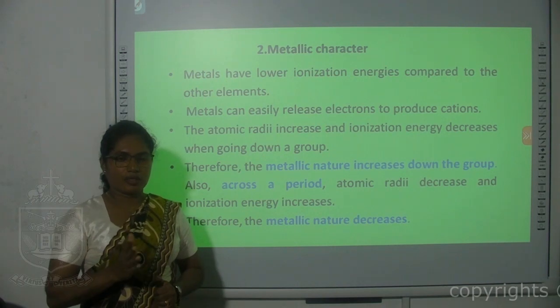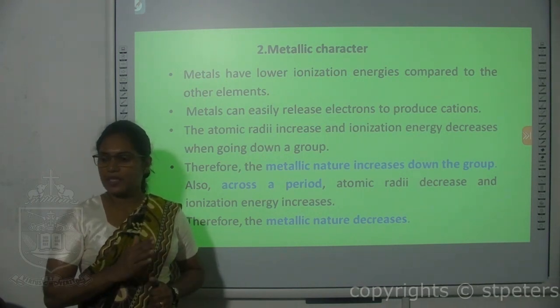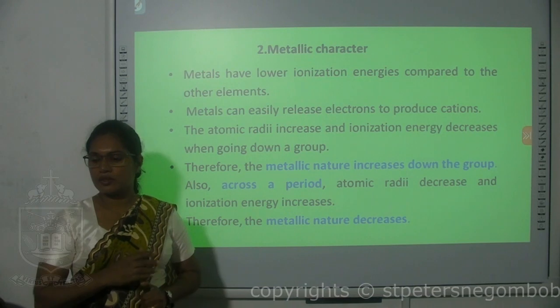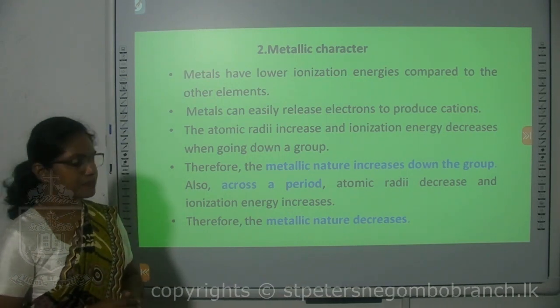So this is the reason for the nature of metallic character.